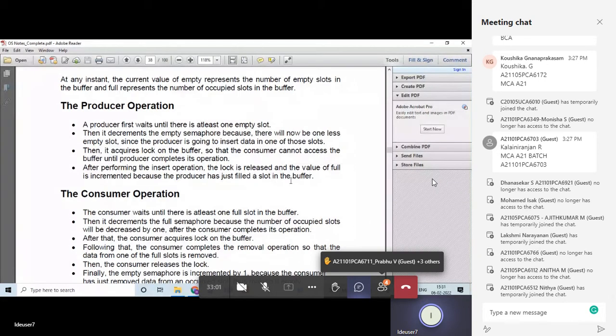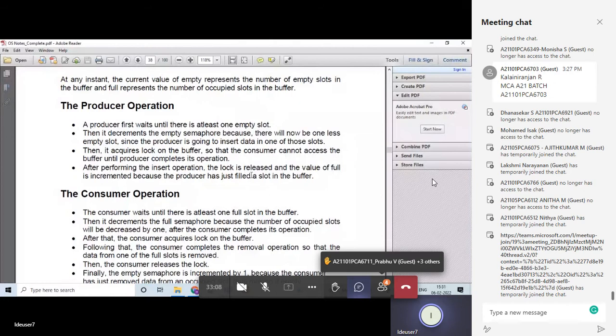After performing the insert operation, the lock is released, and the value of the full variable is incremented by 1. So these are all the operations of the producer. Students, are you able to understand the producer operation?